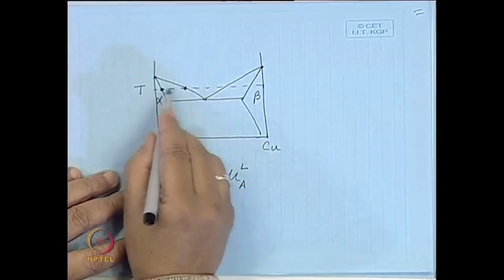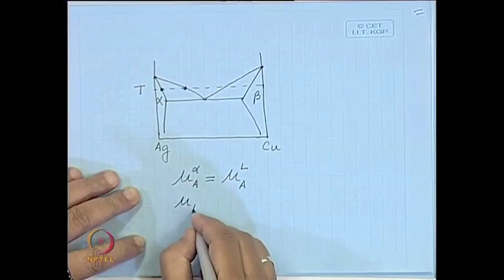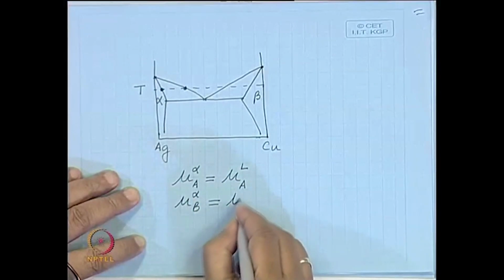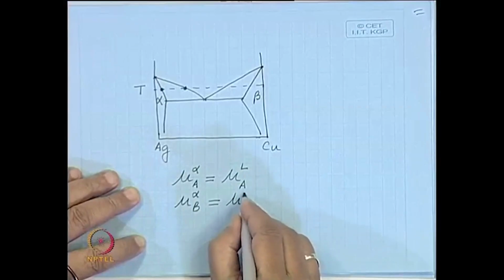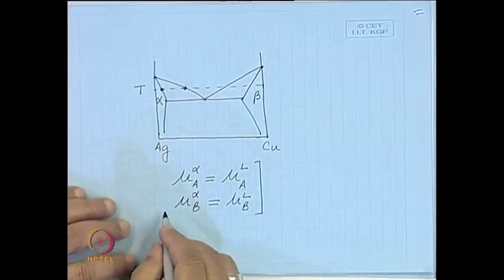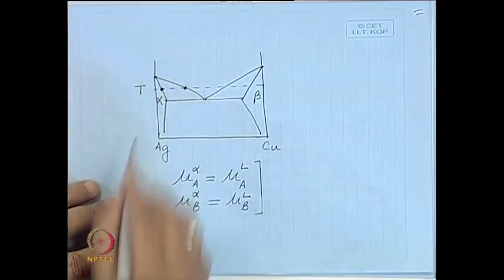Here you can have two kinds of equilibrium: B in alpha and B in liquid. With these equations and assuming regular solution, it is possible to calculate this and this.